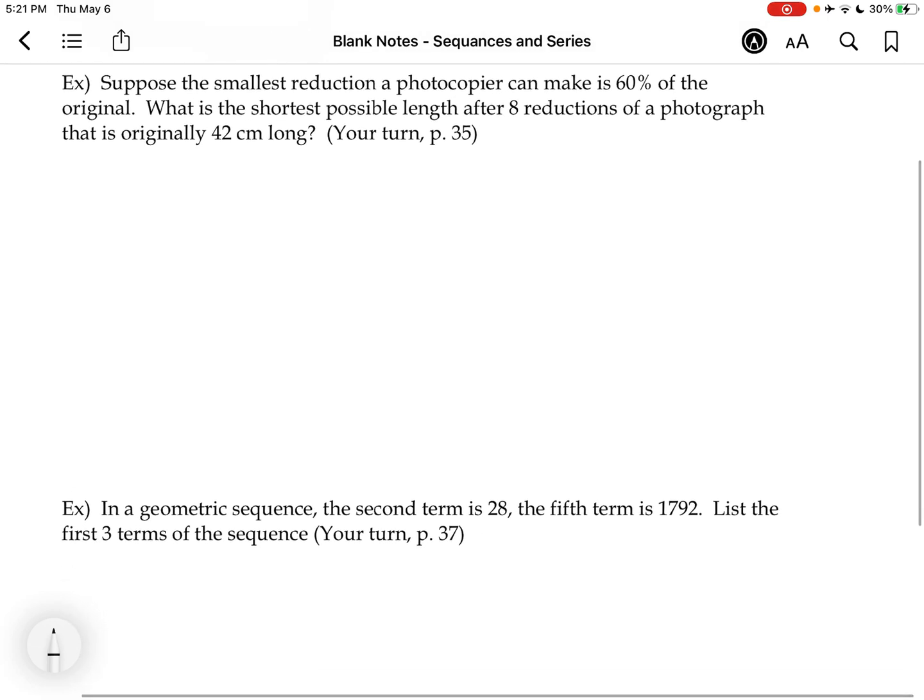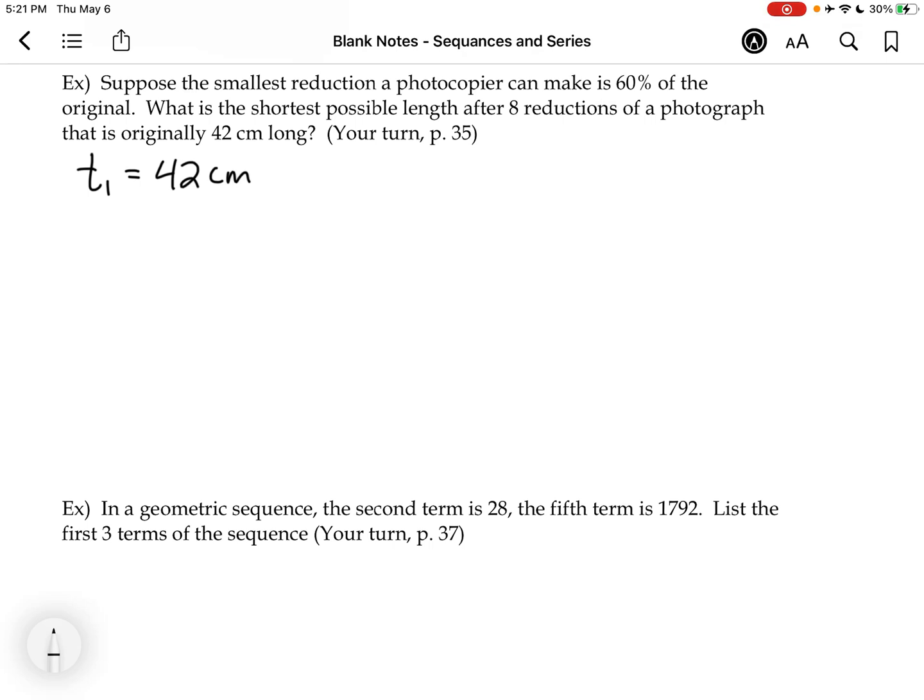Let's look at another one. Suppose the smallest reduction a photocopier can make is 60% of the original. What is the shortest possible length after 8 reductions of a photograph that is originally 42 centimeters long? Well, T1 in this case is 42 centimeters. That's the original.